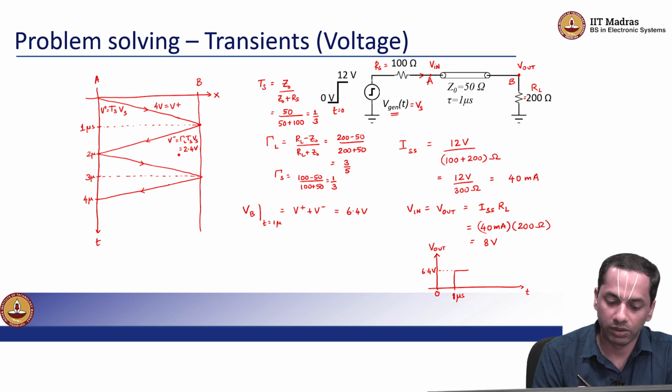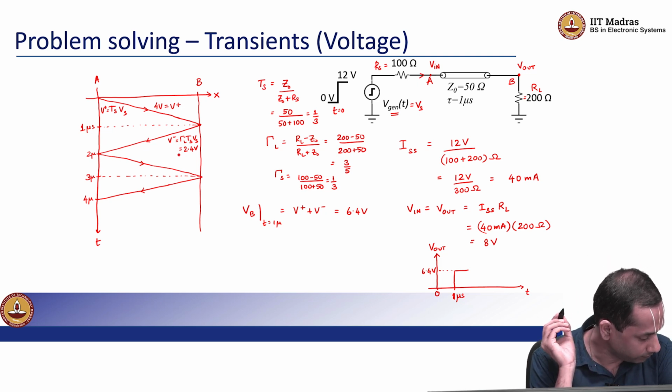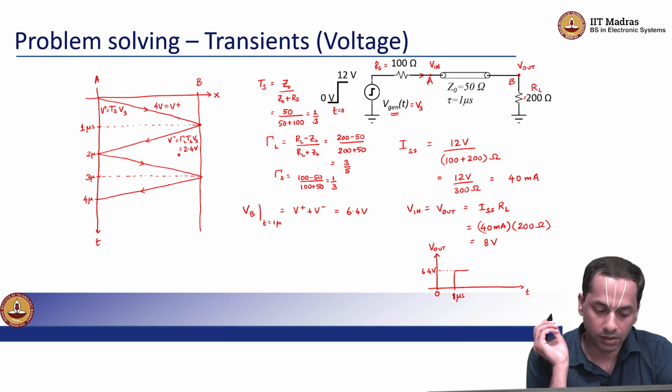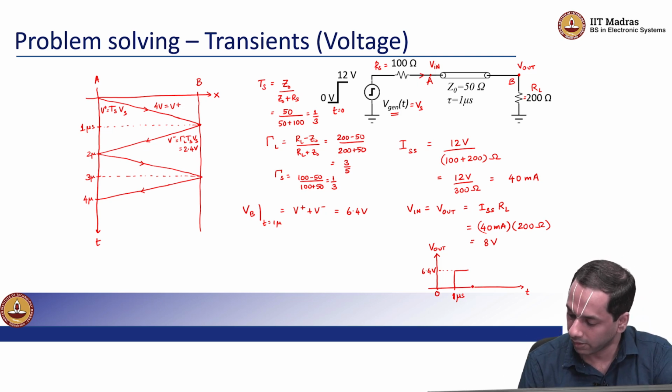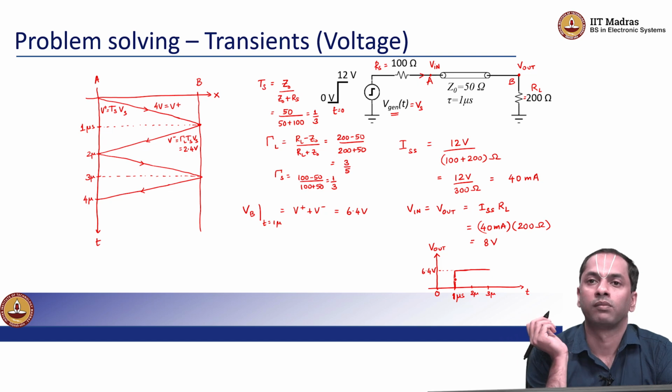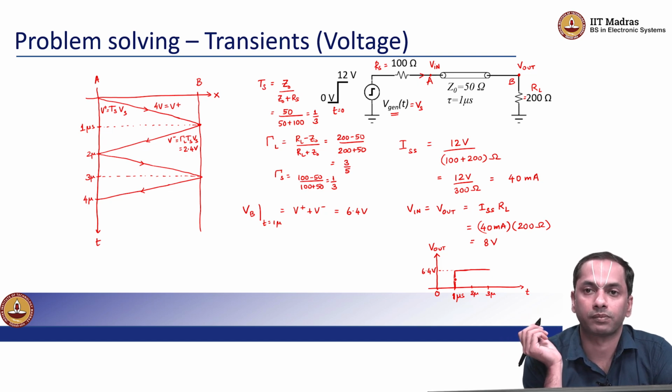All right. So, now this 2.4 volts. For the time 1 microsecond to 3 microsecond, I expect this 6.4 volts to be constant. So, V out stays at 6.4 volts for a duration of 2 microseconds.